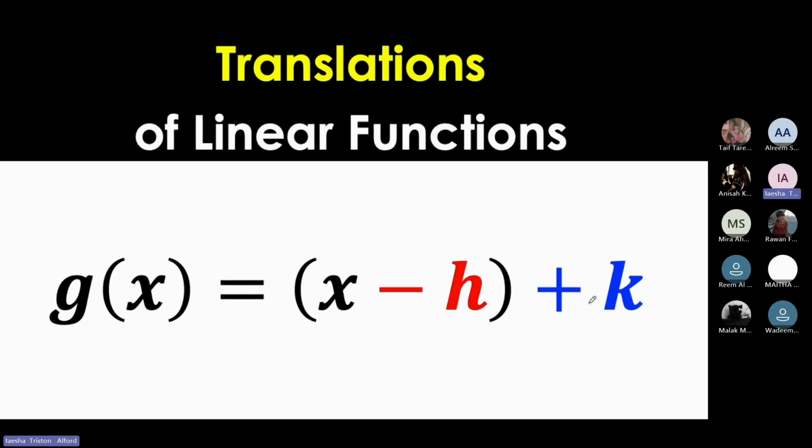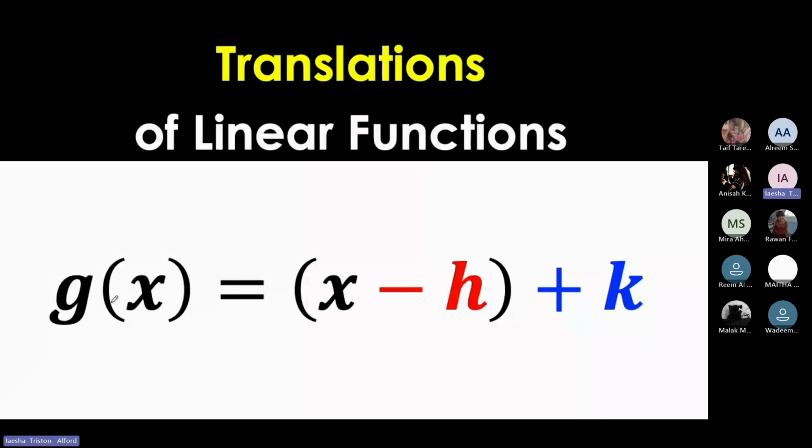So I'll say it again correctly. It is g of x equals x subtract h plus k. What's the main thing you need to remember? H is inside the group and K is outside of the group.